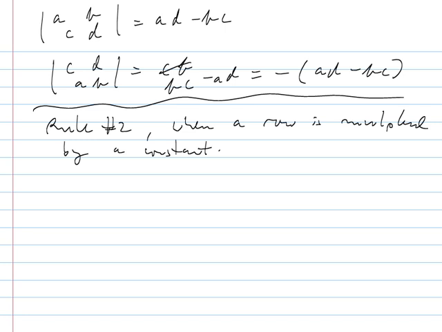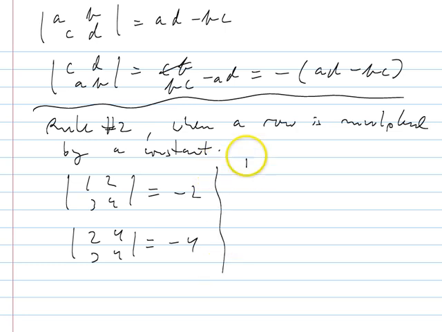We see this in the warm-up when we compared the determinants of 1, 2, 3, 4 with 2, 4, 3, 4. This one was negative 2, whereas this one was 8 minus 12, which is negative 4. The determinant got doubled.